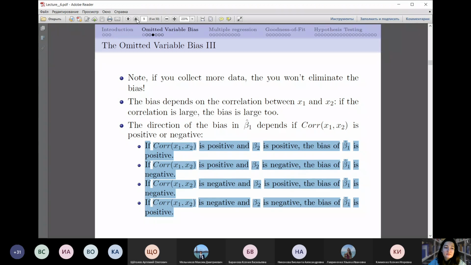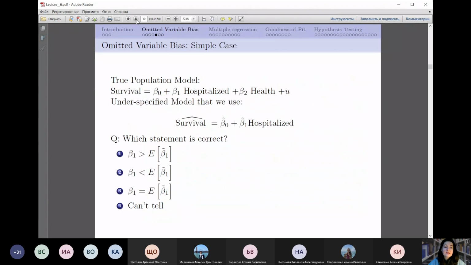But let's practice with some example. I think that this is a really relevant example to our situation, unfortunately. Let's say that you have a true population model where the dependent variable is survival cases.